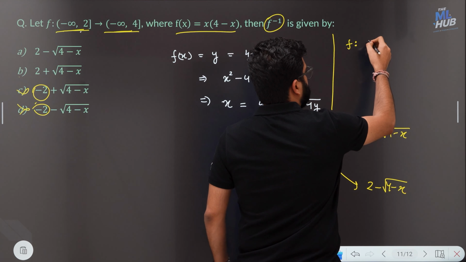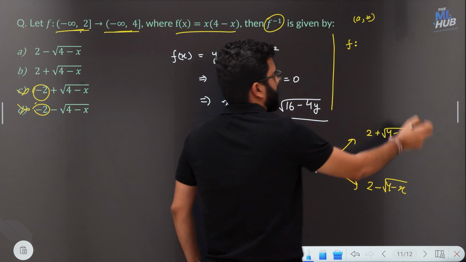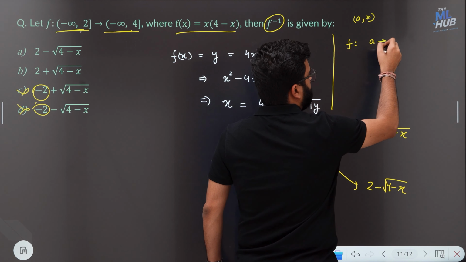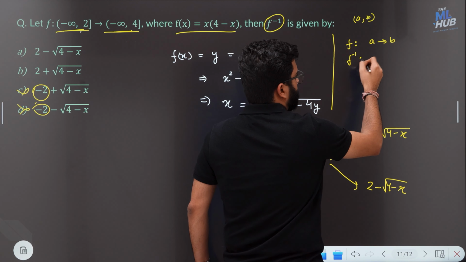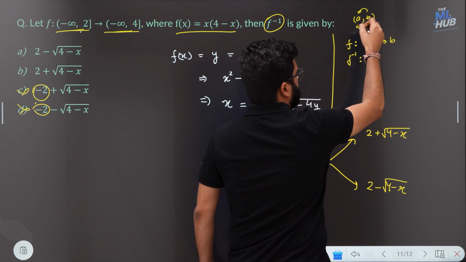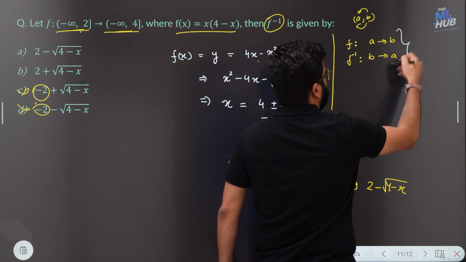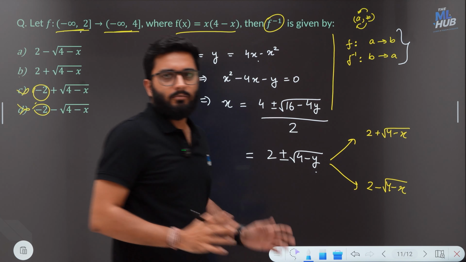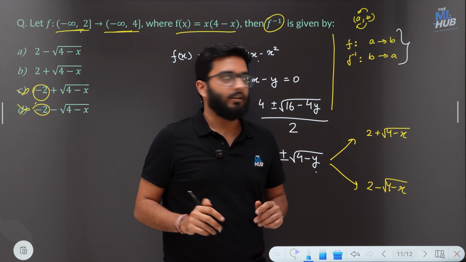If f is defined and a point a comma b is given on that function, so a is mapped with b. Therefore for the inverse, the same point will be replaced. The inverse will always have a mapping from b to a. This is the generic definition of inverse, right? If a point a comma b is given in a function, then b comma a will be in that inverse.